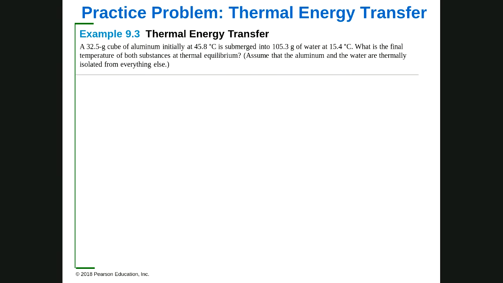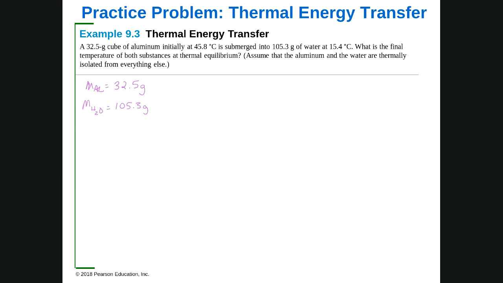The mass of the aluminum for this one is 32.5 grams, and the mass of the water is 105.3 grams.